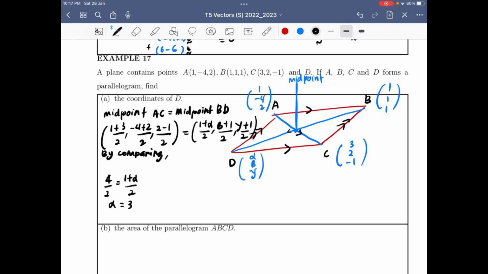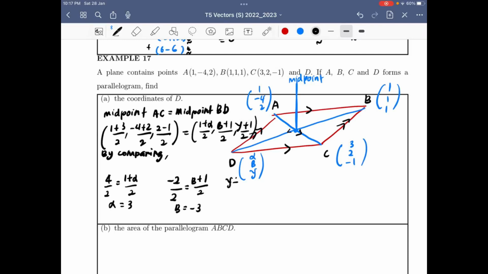And then -4 plus 2 equal to -2, right? So -2/2 equal to beta plus 1/2. So we get beta equal to -3.